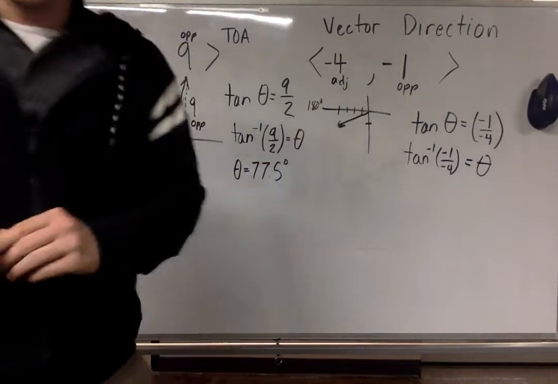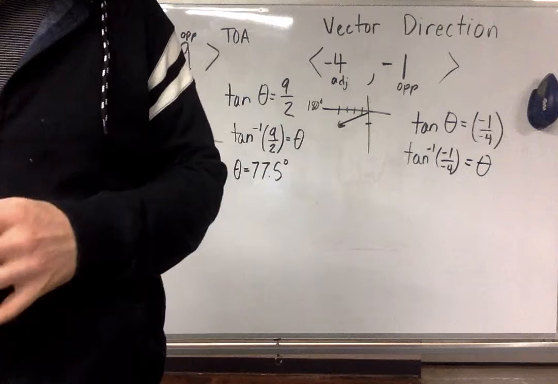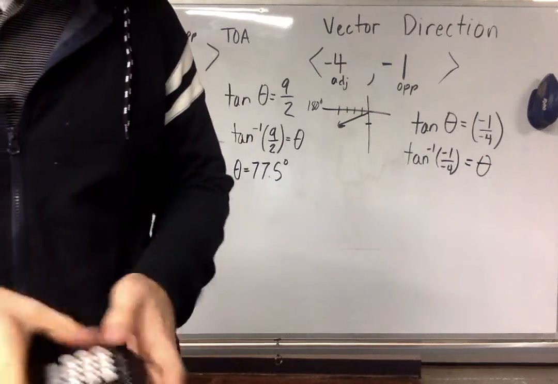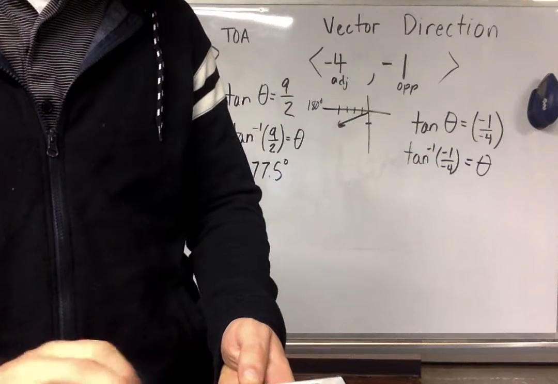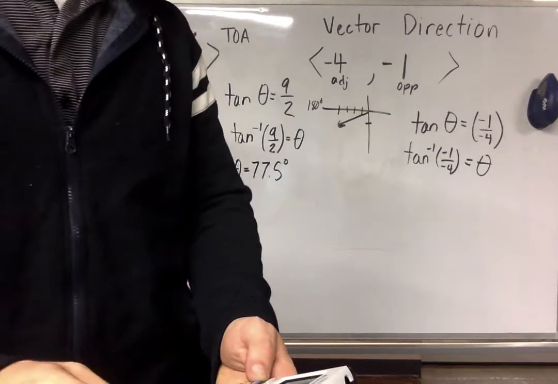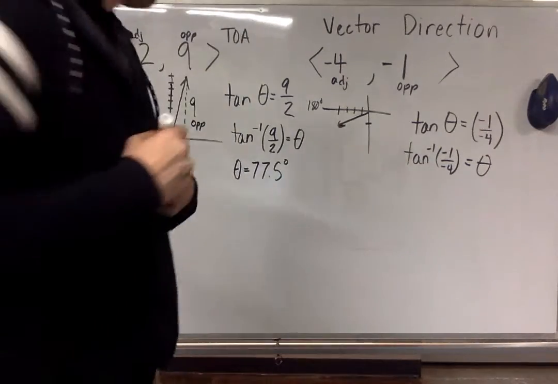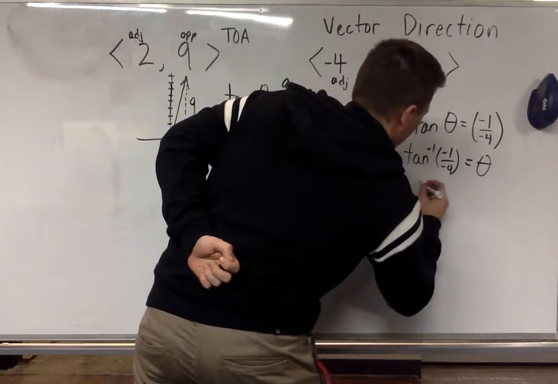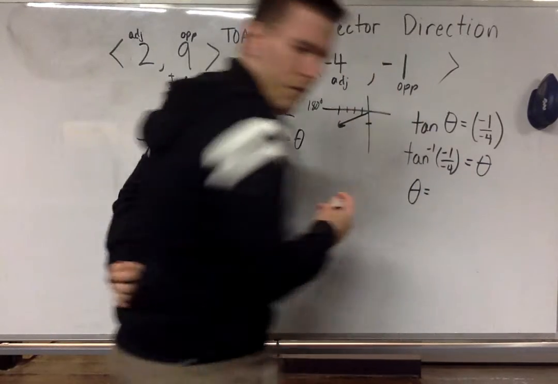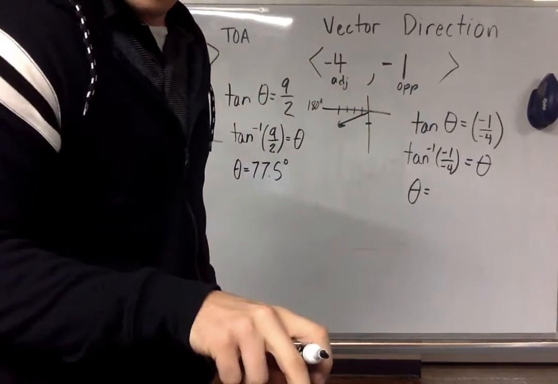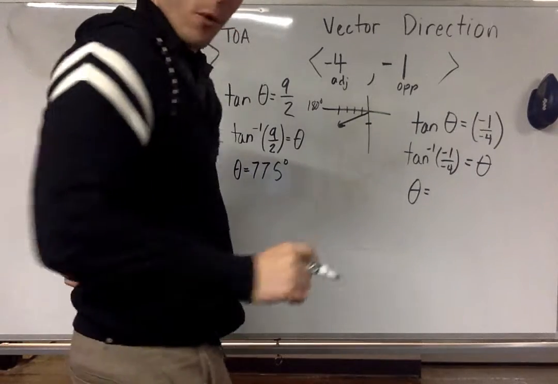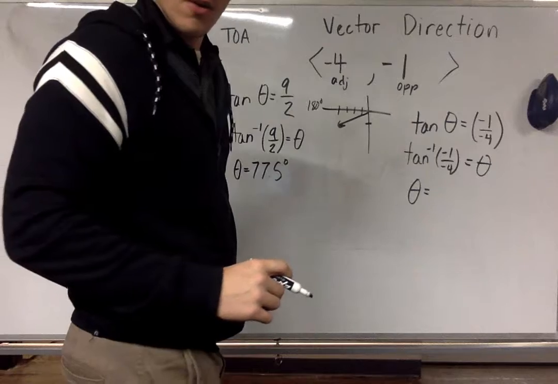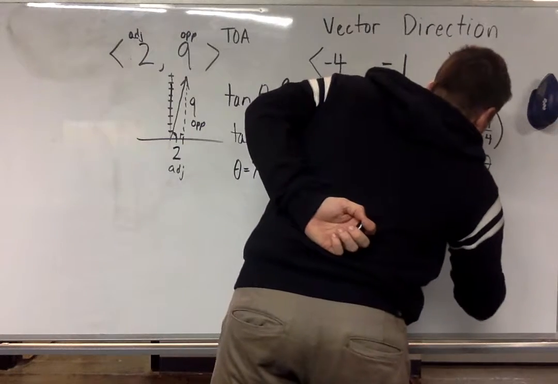Let me plug into the calculator and see what I get. So arctangent of -1 divided by -4. This is weird. Plug in and see if you get this too. Seriously, pause the video and plug it in. It gave me 14.03, so 14 degrees.